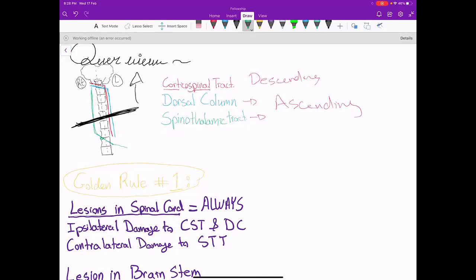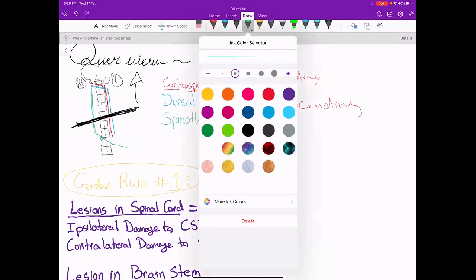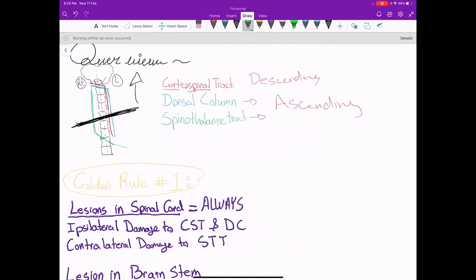But it's simply because, as we drew it, we can always see that the dorsal column and corticospinal tract only decussate at the level of the brainstem. So we will not have an issue there. However, any lesion to the spinothalamic tract, right, the ending. So over here, for example, okay, I drew it on the right side, but that doesn't matter.